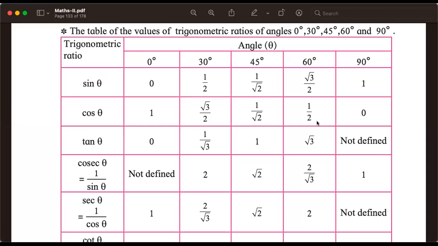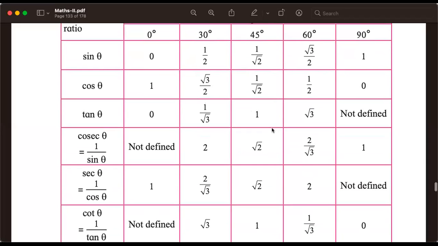Also, remember, we don't need to know everything by heart. So if we know the first 2 rows and first 2 columns, that is enough. 60 and 90 we can find from 30 and 45, because they are complementary angles.